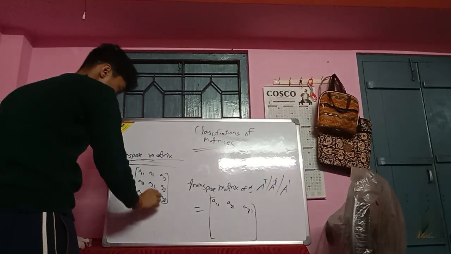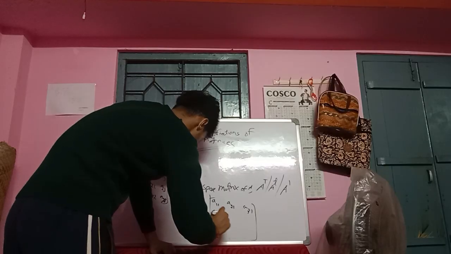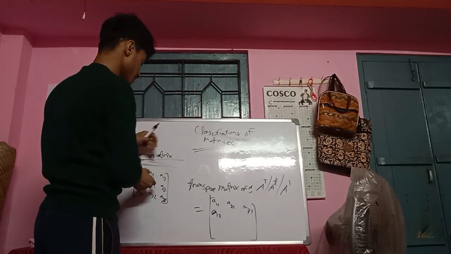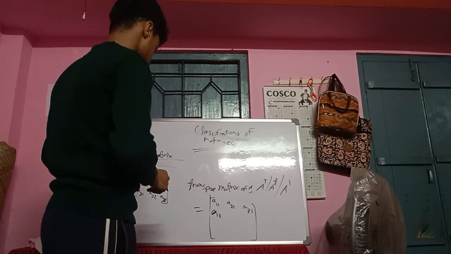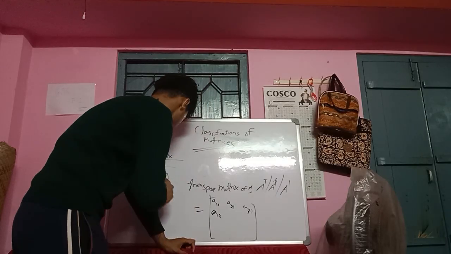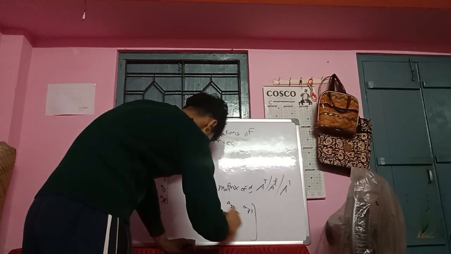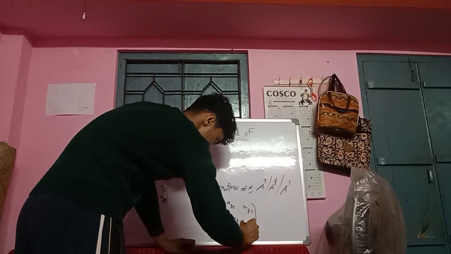Same with this column, A12. This column would be taken and from its vertical shape it would be flipped up and transformed into a horizontal group of elements. A12 followed by A22 followed by A32.